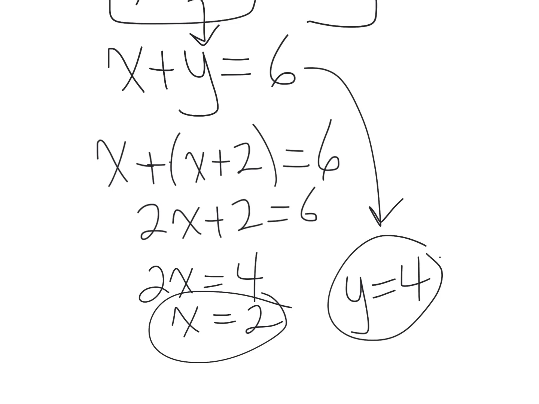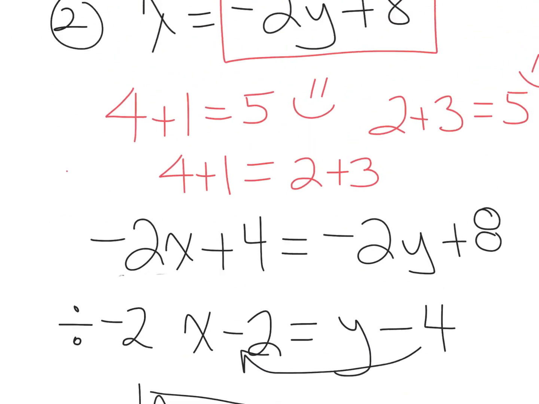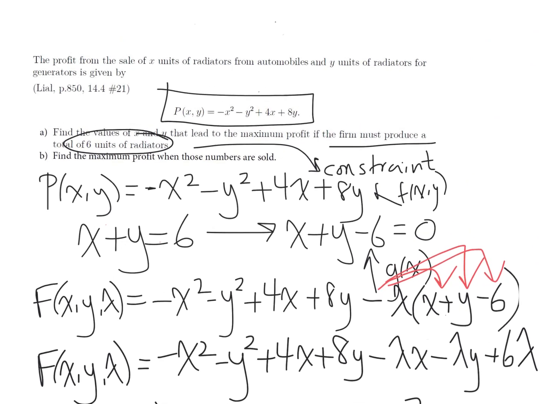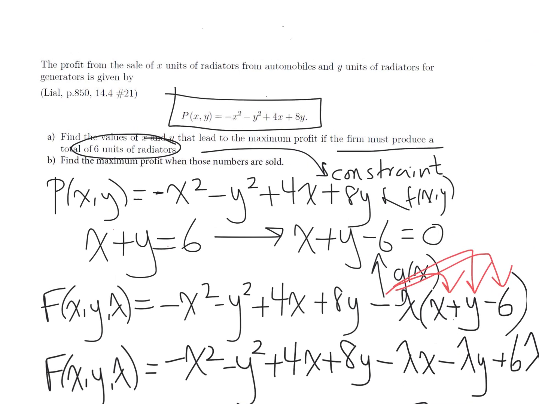So we have found that in order to maximize the revenue, let me just look and make sure that's our function. We're going way up here. Look at the math. Oh, profit. In order to maximize our profit, this company is going to need to sell 2 radiators for automobiles and 4 radiators for generators.